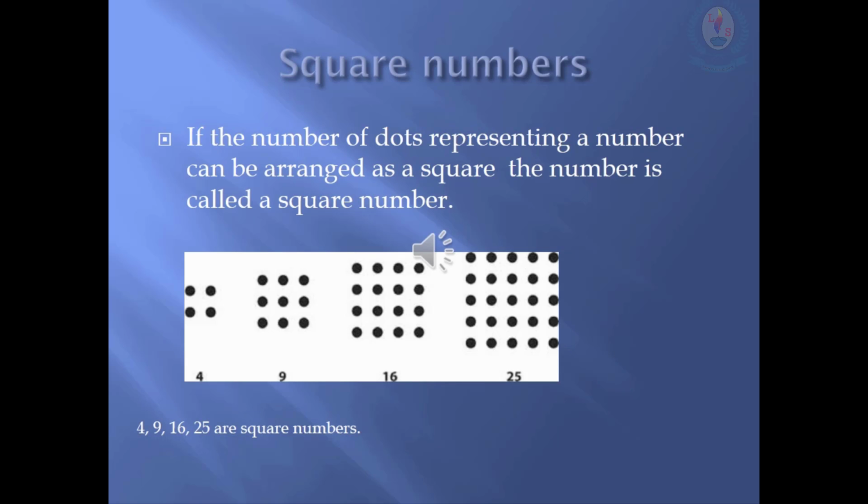Square numbers. If the number of dots representing a number can be arranged as a square, the number is called a square number. Here you can see a dot pattern. They look like a square. According to this picture, we can identify 4, 9, 16, 25 are square numbers.